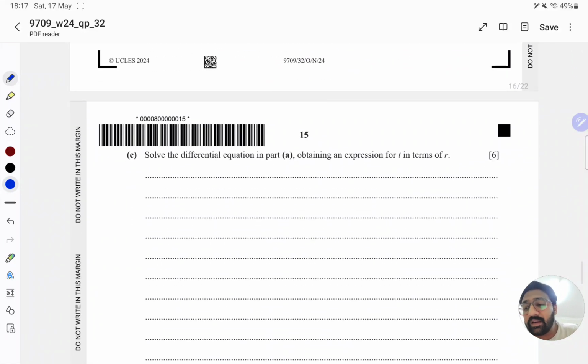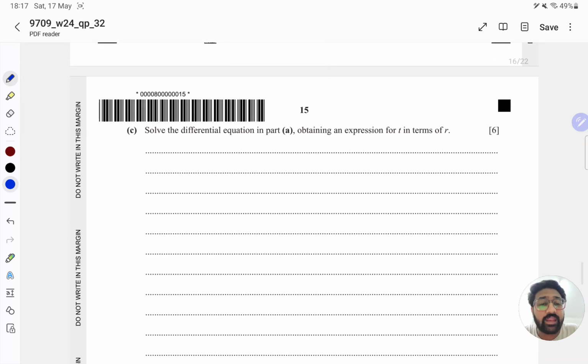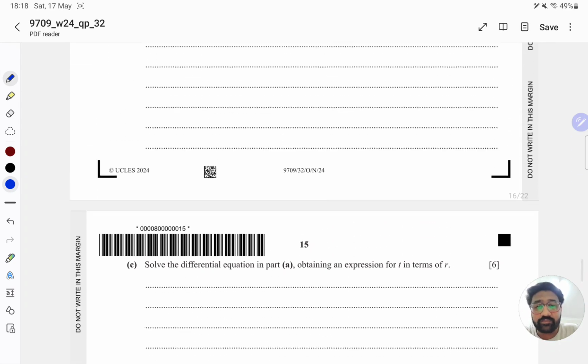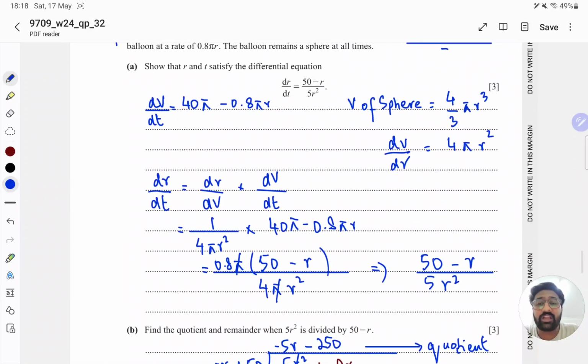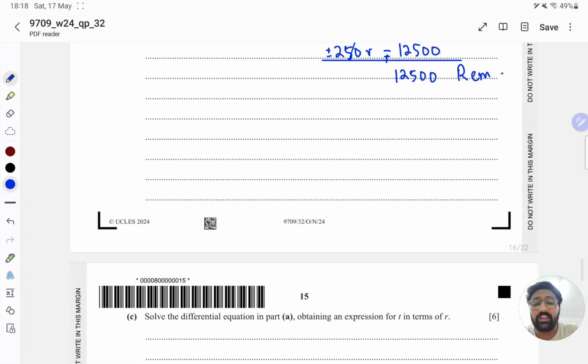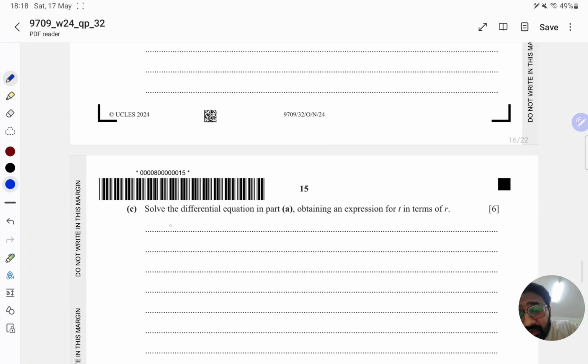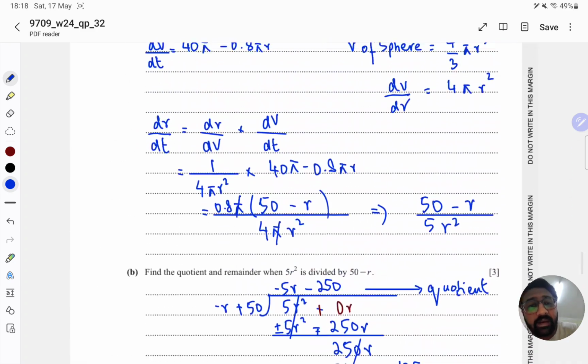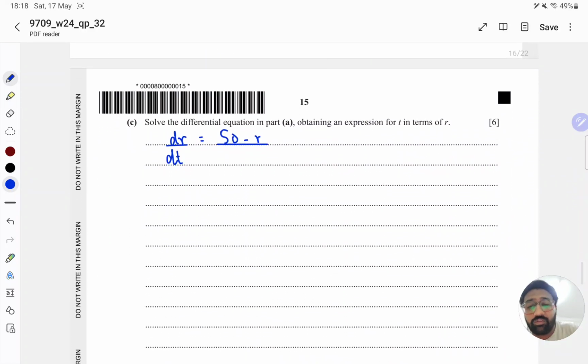In the C part, it says to solve the differential equation in part A, obtaining an expression for t in terms of r. So in part A, the differential equation was dr over dt, which was 50 minus r divided by 5r squared.